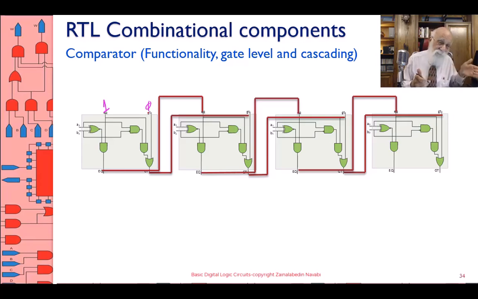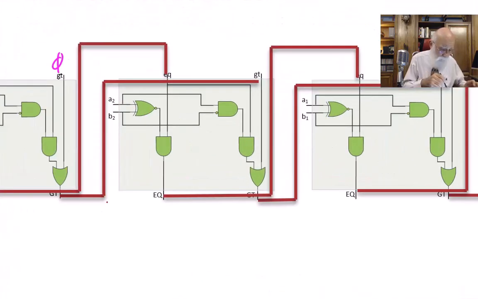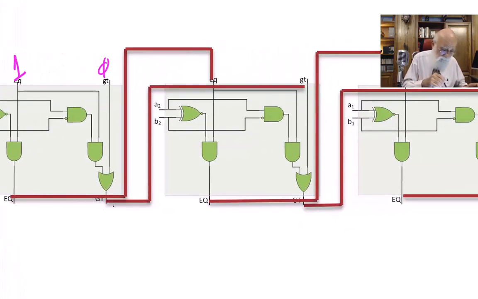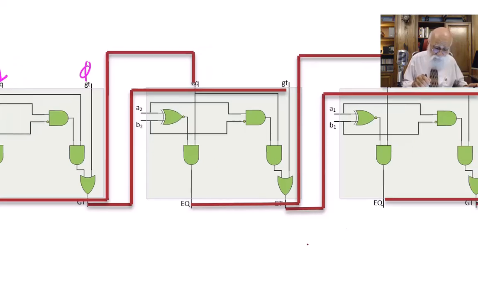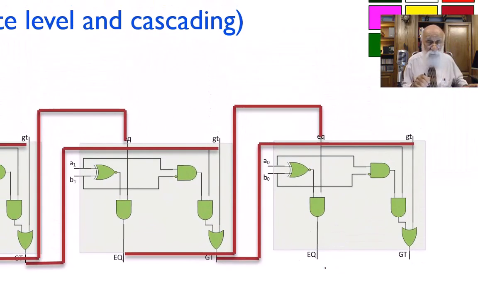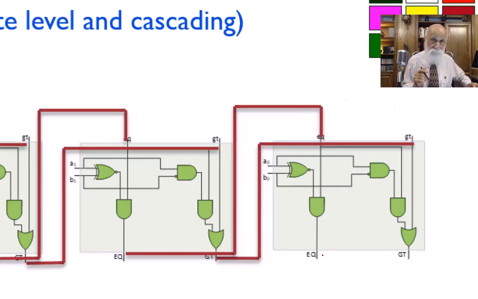That's the leftmost. And then from that point on, you connect the EQ to the EQ of the next slice, the GT output to the GT input of the next slice, and go on and on until you get to the rightmost bit. The rightmost bit, whatever it says, is the collective information from all previous bits.